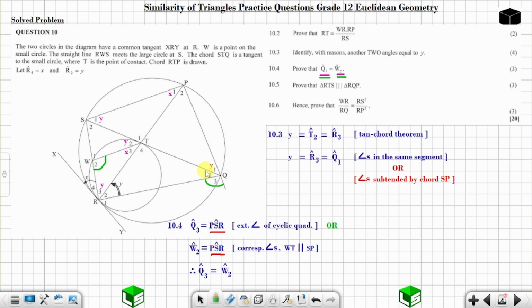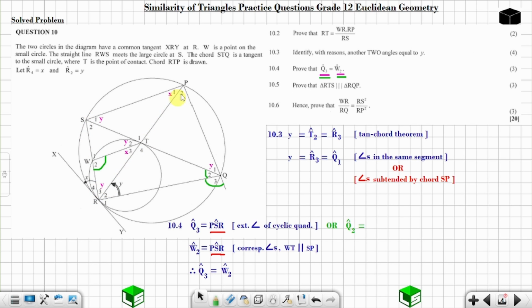You can find this angle, and then you are going to find the angle Q3. Can you see this angle? The angle Q2. The angle Q2 is equal to, can you see? You have this angle P1 is equal to x, and angle Q2 is also equal to x because they are subtended by the same chord SR.